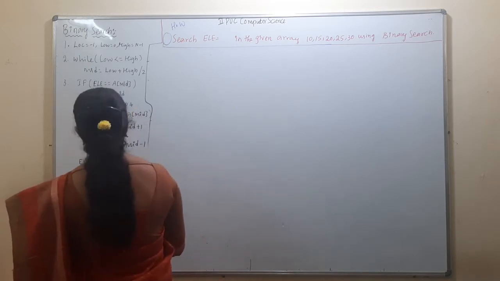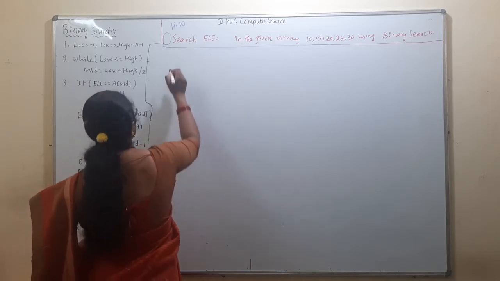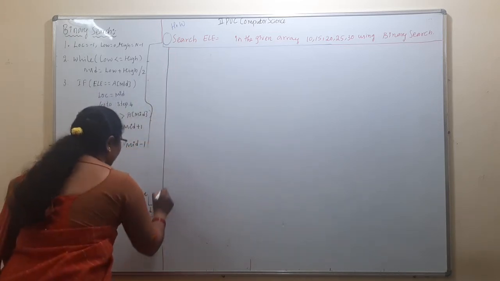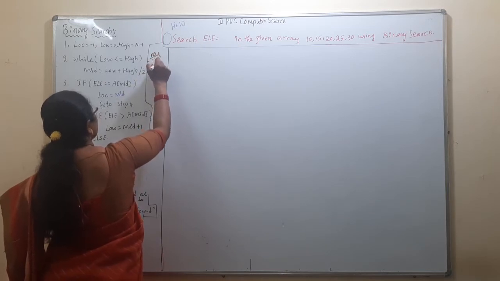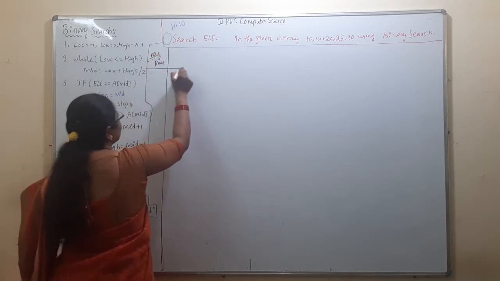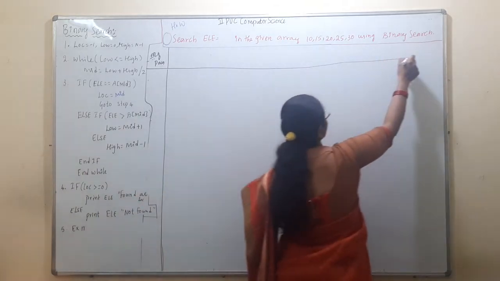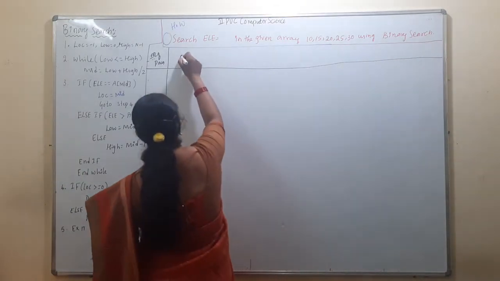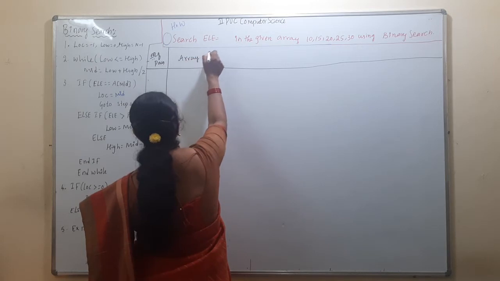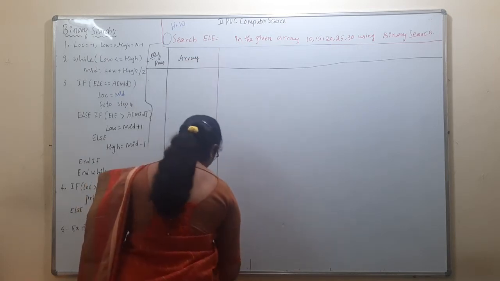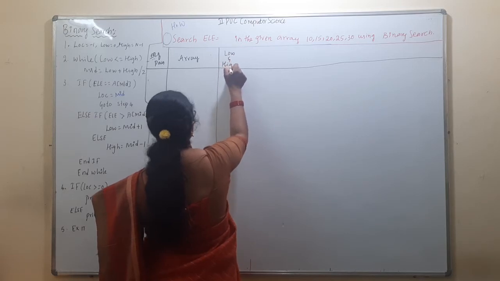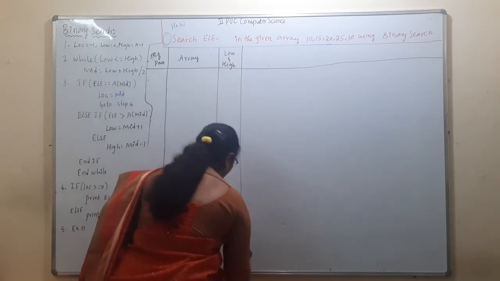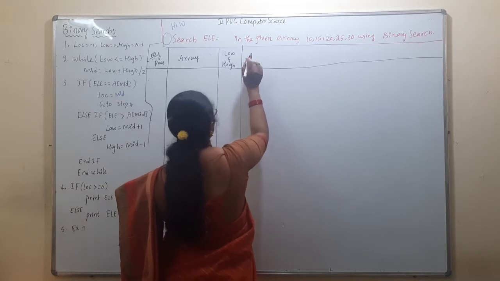So the algorithm we already know. Here: number of passes, then array, low and high value, comparison, that is with the while loop.